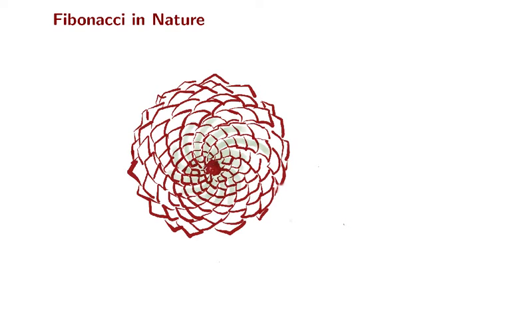If you count all of them, the ones that are marked here in green, you will see that they are 13 in this case, right? So in this drawing, when I count the spirals in this direction, there are 13.